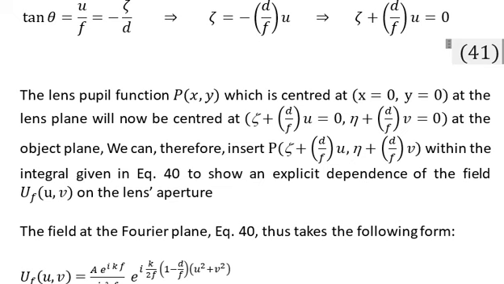So the lens pupil function p of x, y, which is centered at x equal to 0, y equal to 0 at the lens plane, will now be centered at zeta plus d over f into u equal to 0, comma eta plus d over f into v equal to 0 at the object plane, and we can therefore insert p of zeta plus d over f into u, comma eta plus d over f into v within the integral given in equation number 40 to show an explicit dependence of the field U_f as a function of u, v on the lens aperture.